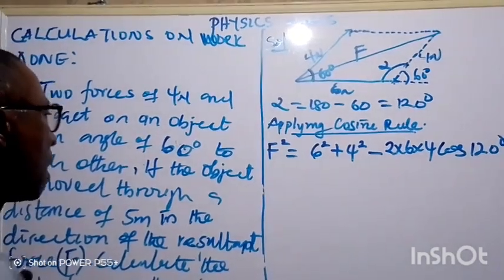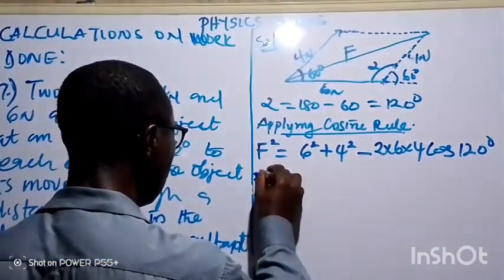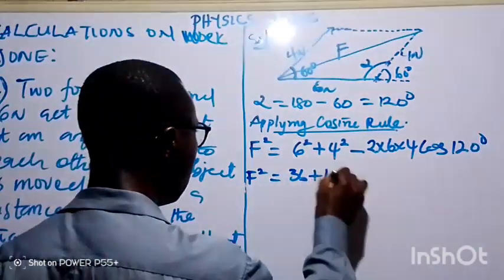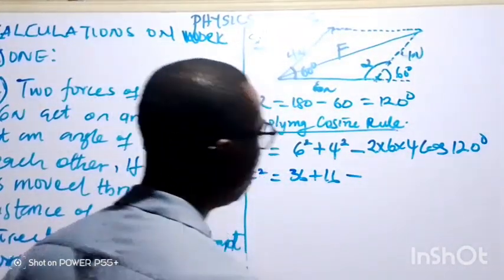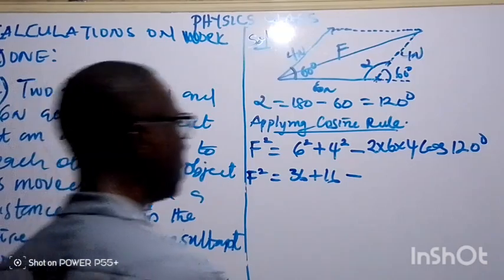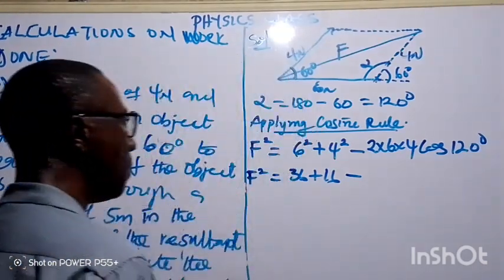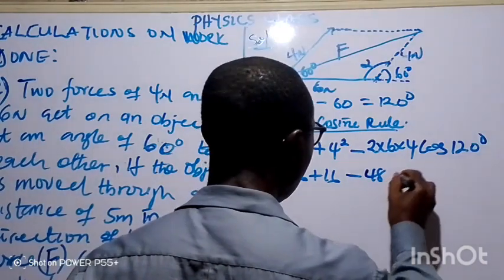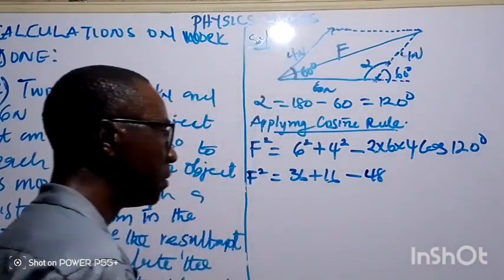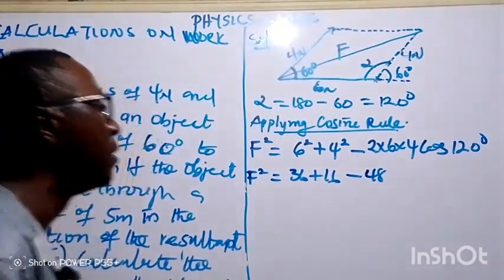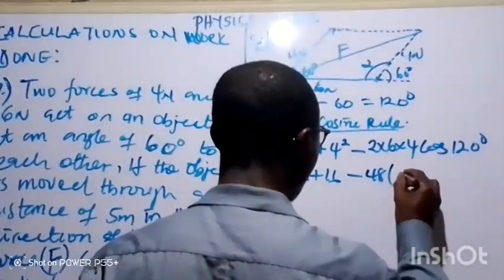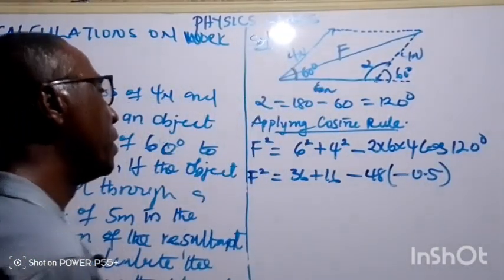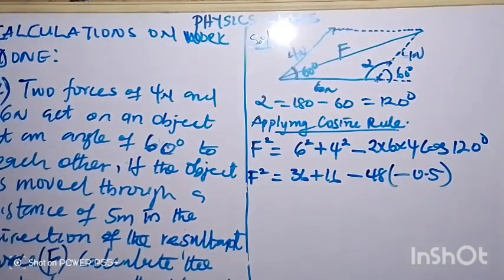From there we can see F square will be equal to 36 plus 16 minus 6 multiplied by 4, which is 24, and 24 multiplied by 2 will be 48. 48, then cos 120 will give us a negative value. That will be minus 0.5. Don't forget the trig ratios in mathematics.